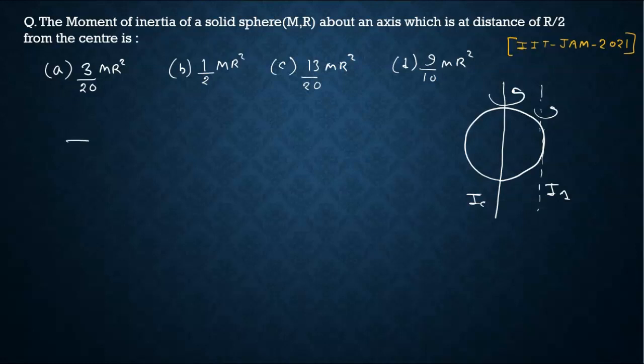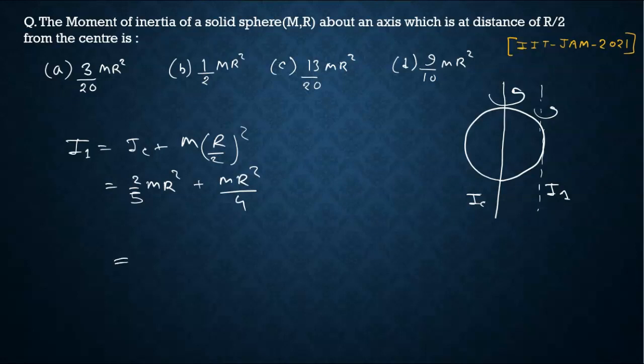So from the parallel axis theorem, I1 equals IC plus M into (R by 2) whole square, which equals 2 by 5 m r square plus m r square by 4, which equals (8 plus 5) m r square by 20, that is 13 m r square by 20. Right? So option C is correct.